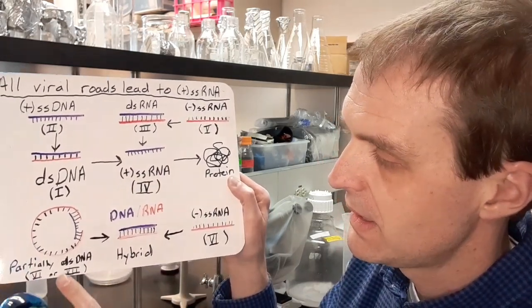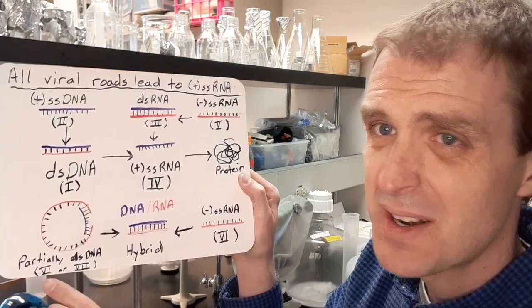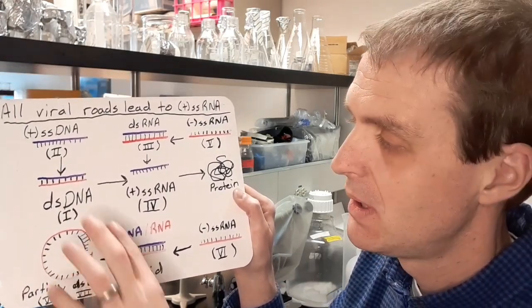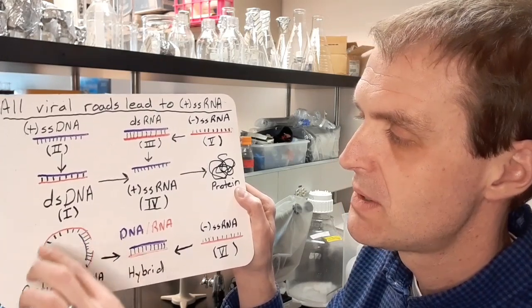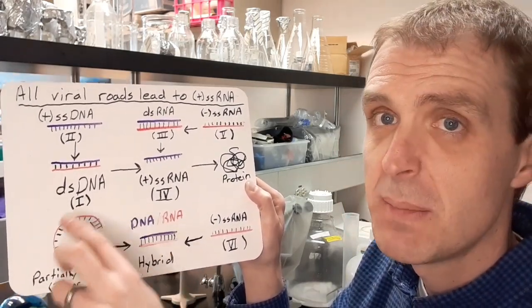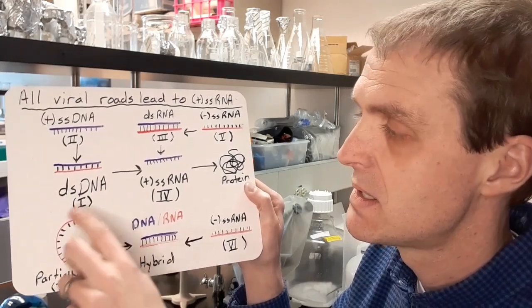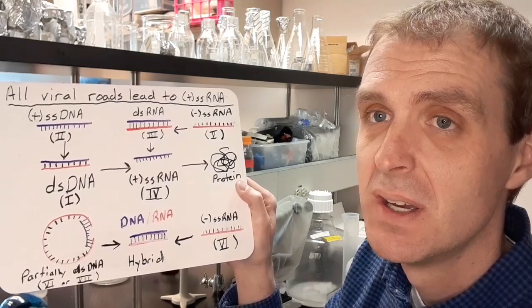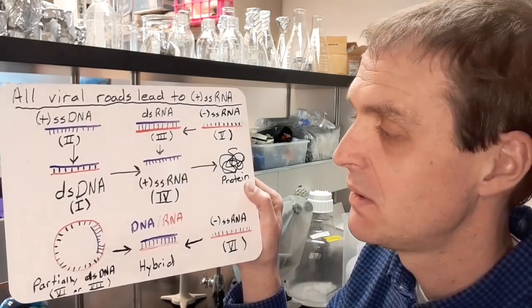Over here is a partially double-stranded DNA molecule. It has a weird circular-ish genome where the two strands of DNA work together to basically make more or less a single-strand circle, but it flips strands. It's complex.